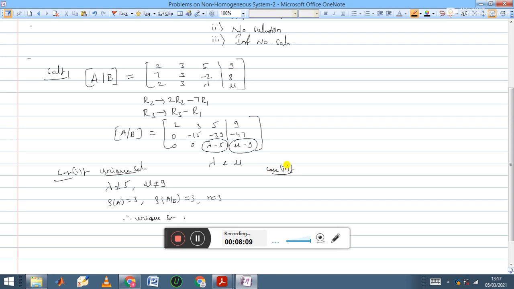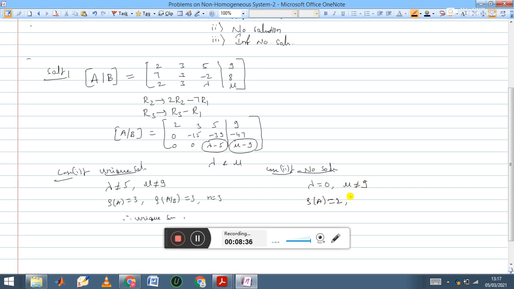Go for case 2. Case 2, what you need to discuss? No solution. No solution means you need to show that the system is inconsistent. To make it inconsistent, use lambda value 5 and mu value not equal to 9, right? If lambda equals 5, then the rank of A is 2.